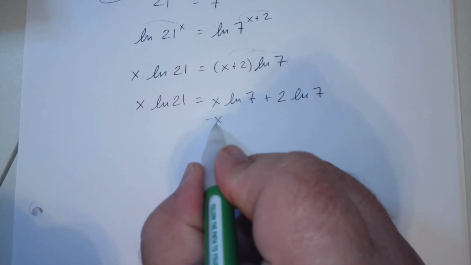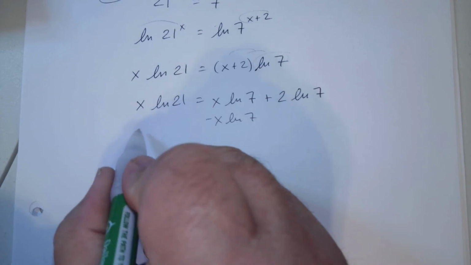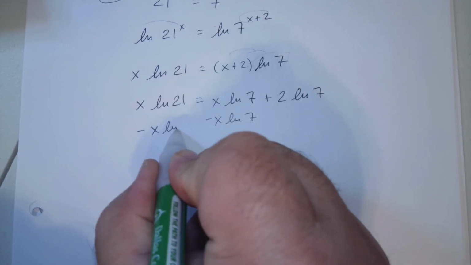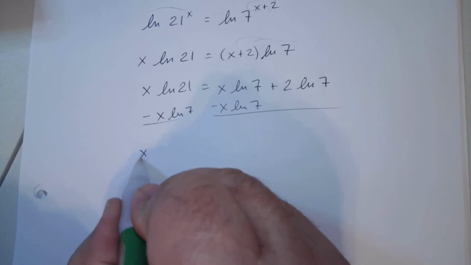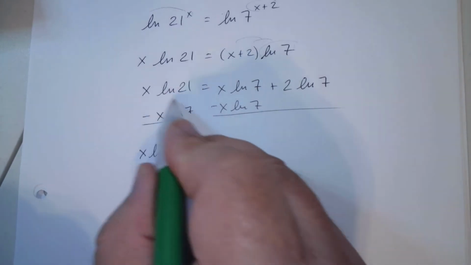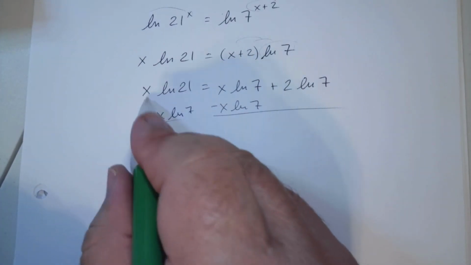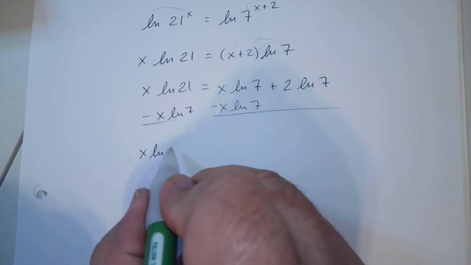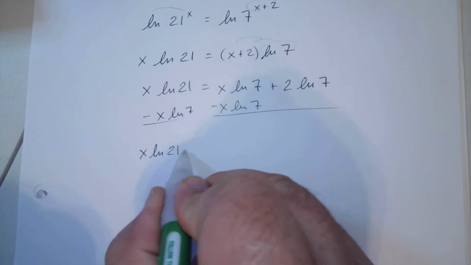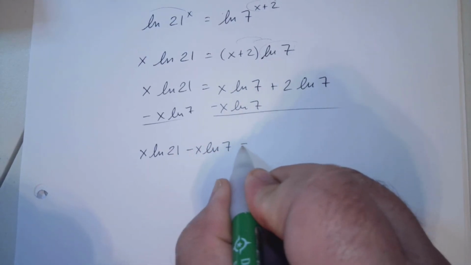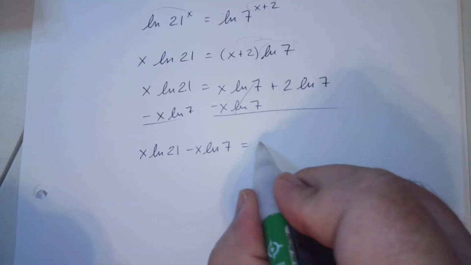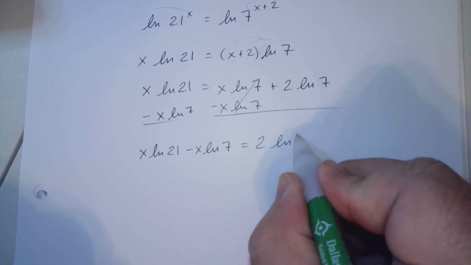So I subtract x ln 7 from both sides. You can't subtract the x's the way we were thinking, because they're not the same terms. So we have x ln 21 minus x ln 7 equals 2 ln 7.